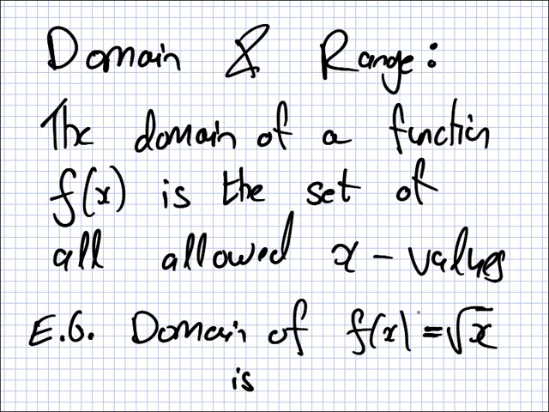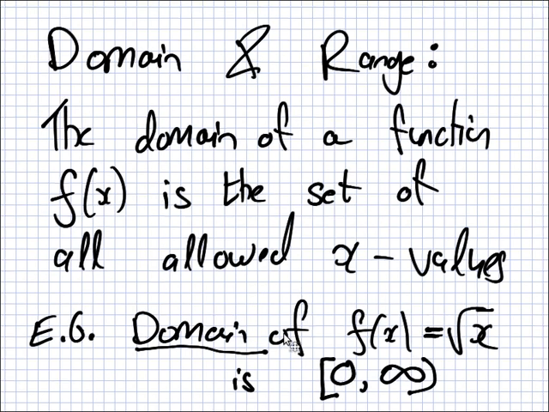What values can we use? You can't choose negative. So it's from 0 to infinity. We can use 0. Yeah. This is called the domain. We're happy with that?